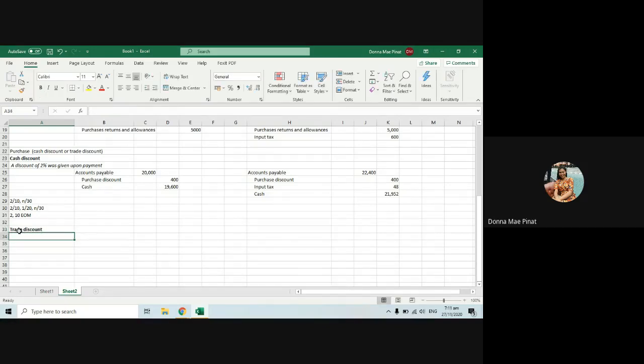So kani guys, ang trade discount is normally ang porma kay 10, 18, 5, 2, 5%, 2%.